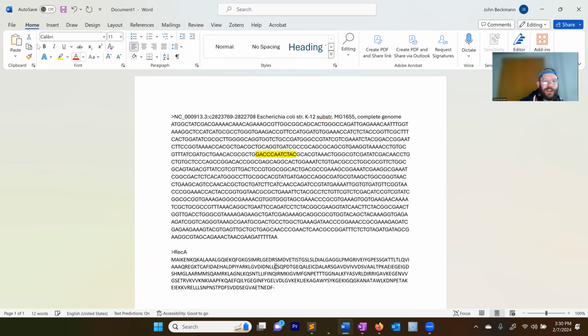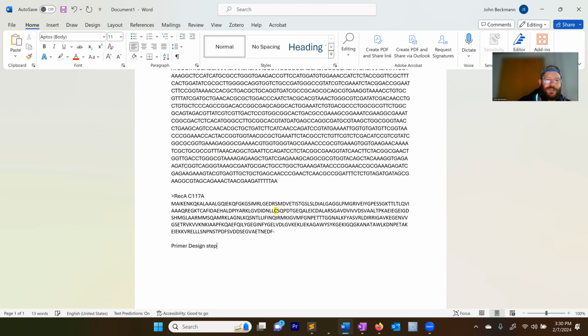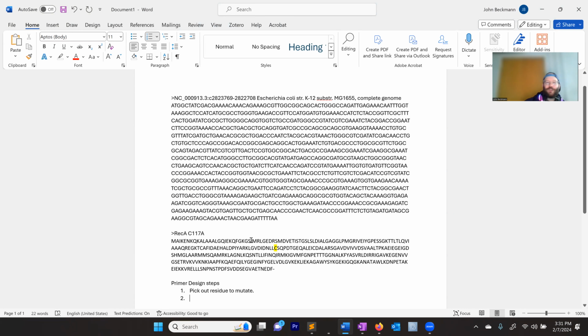The first question: to design our primers, what do we have to do first? Let me unhighlight this. So we picked out our residue. So, primer design steps. 1, pick out residue to mutate. We did that. What's next? What do I need to do?